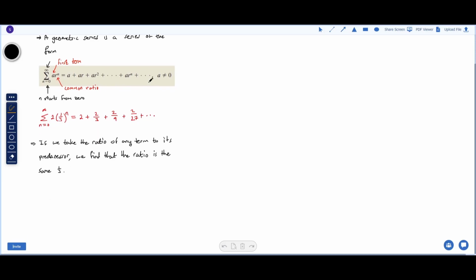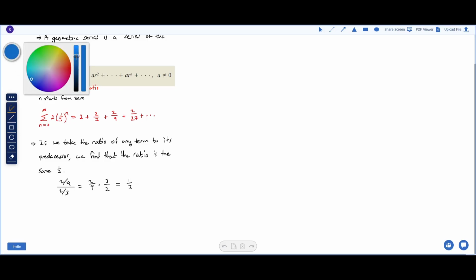For example, if we do 2 over 9 to 2 over 3, well, that just gives us 2 over 9 multiplied by 3 over 2, which comes out to be 1 over 3. All right, so this is our common ratio.